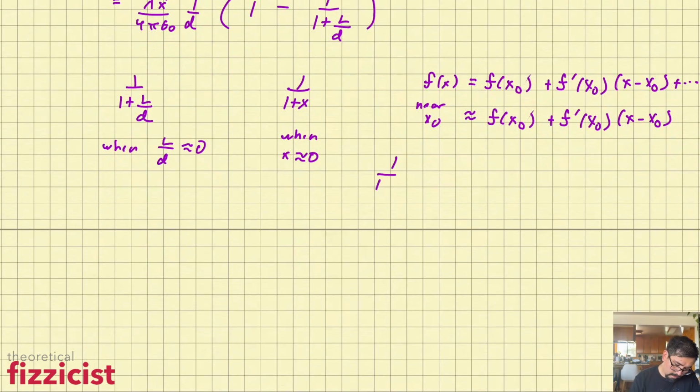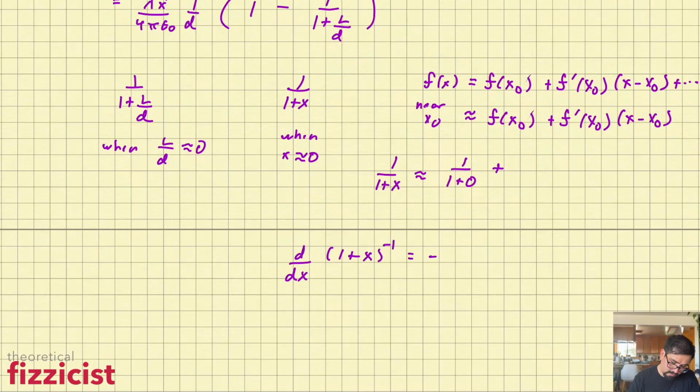1 over 1 plus x, we know this is approximately equal to 1 over 1 plus 0 plus, I've got to calculate a derivative here. We'll do that in just a moment. But what is the derivative of 1 over 1 plus x? Well, let's go ahead and do that right now quickly. We get d/dx of 1 plus x raised to the negative 1.